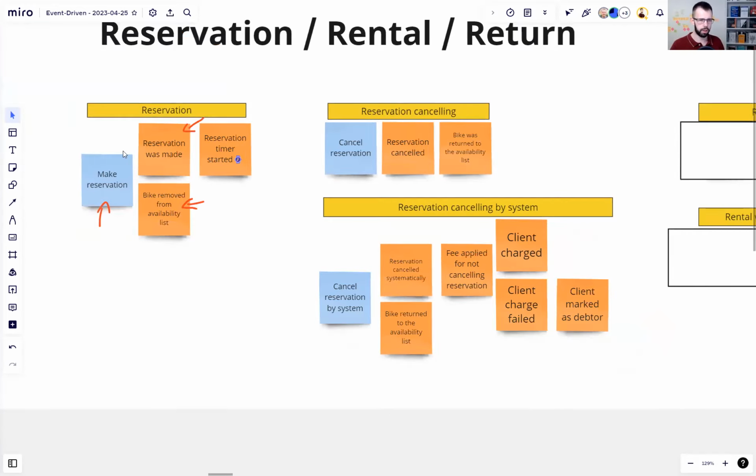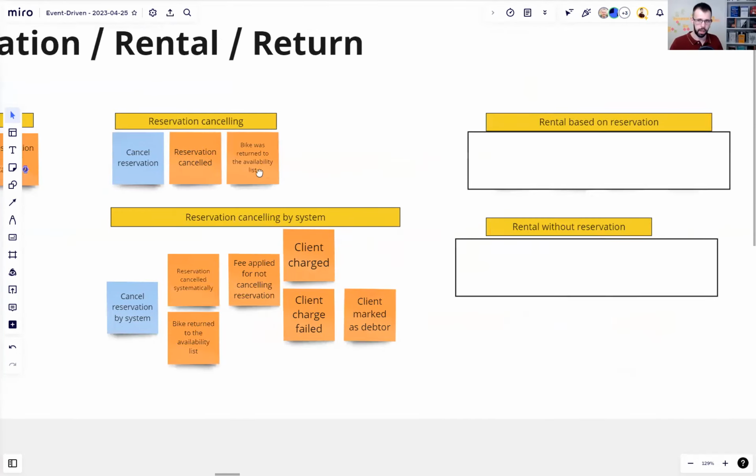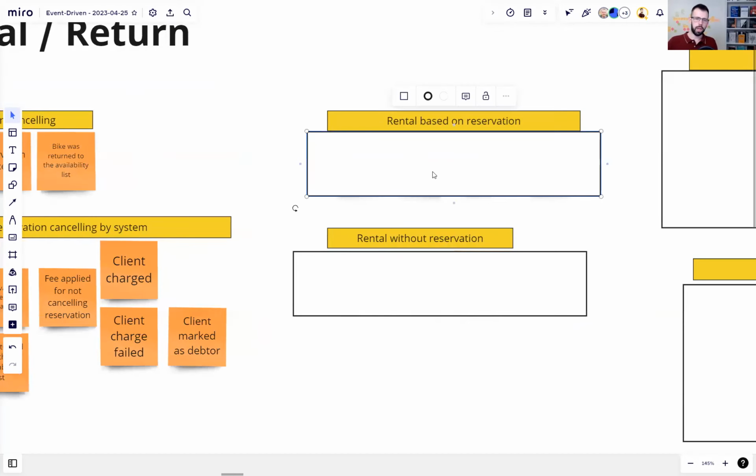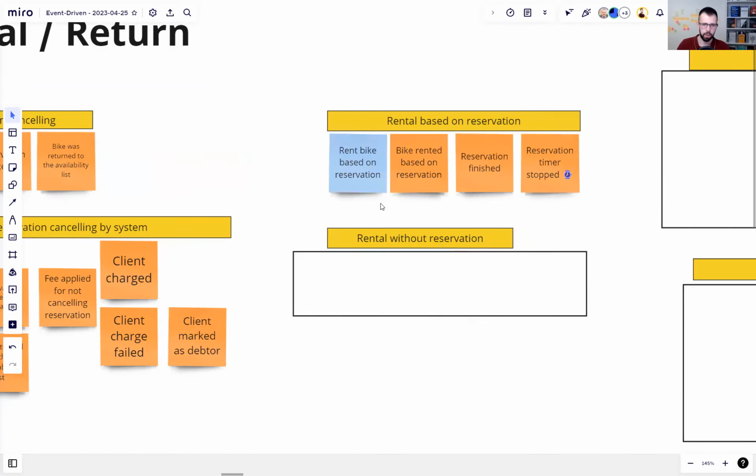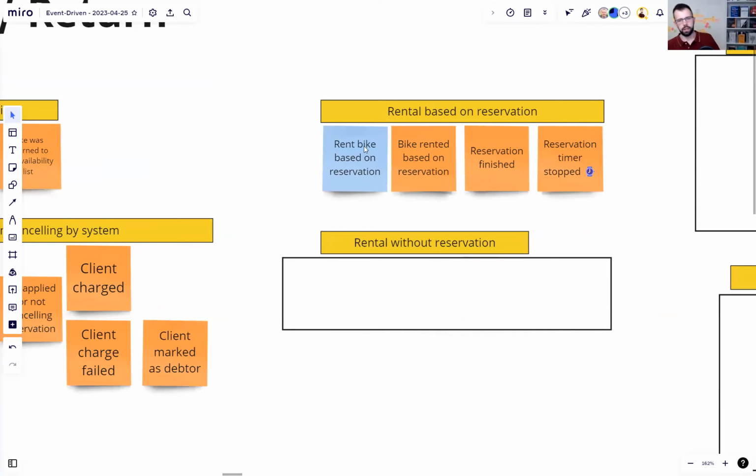So in the reservation area, we have reservation canceling, and reservation canceling by system. Then in the rental, we have two different smaller processes. Rental based on the reservation, because our client can rent based on a previously made reservation. In that situation, they run a command that rents a bike based on the reservation, the bike is rented, the reservation is finished, and the reservation timer stopped.